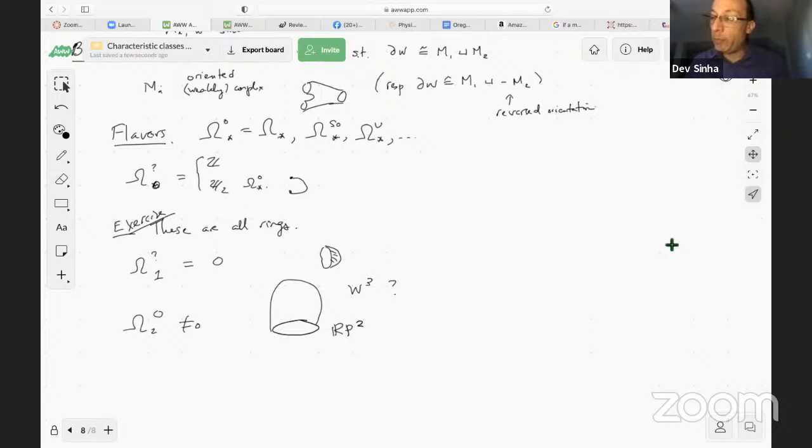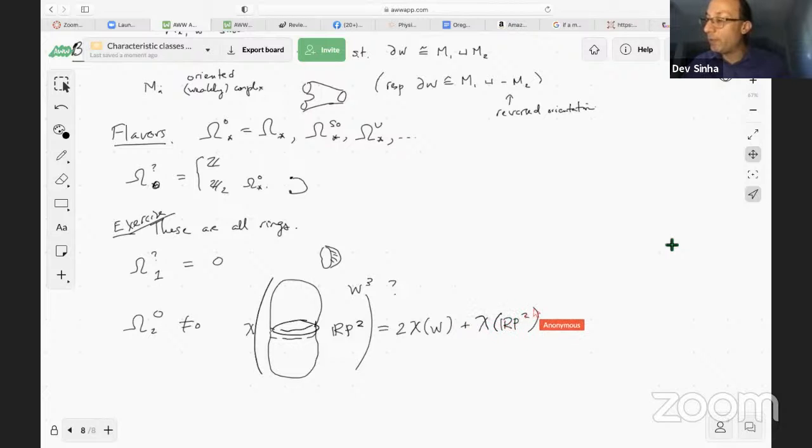Why? Well, if it were, I could take two copies of that W. I'm going to use a tubular or collar neighborhood theorem to make this a smooth 3-manifold. And this smooth 3-manifold will have Euler characteristic equal to twice the Euler characteristic of this W plus the Euler characteristic of RP2, or maybe I should say minus.